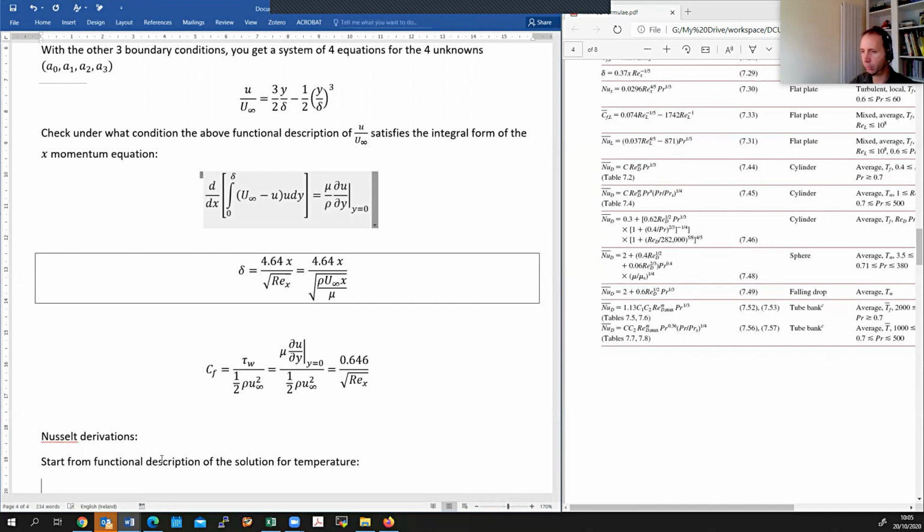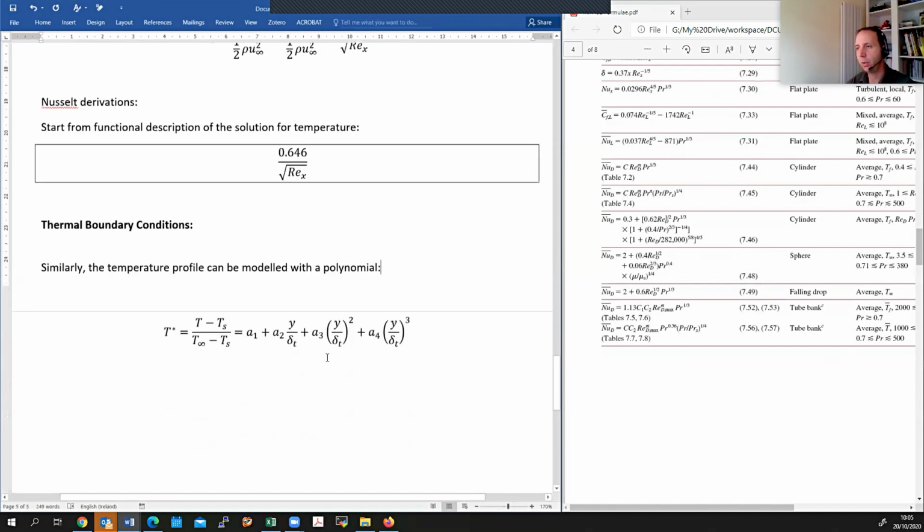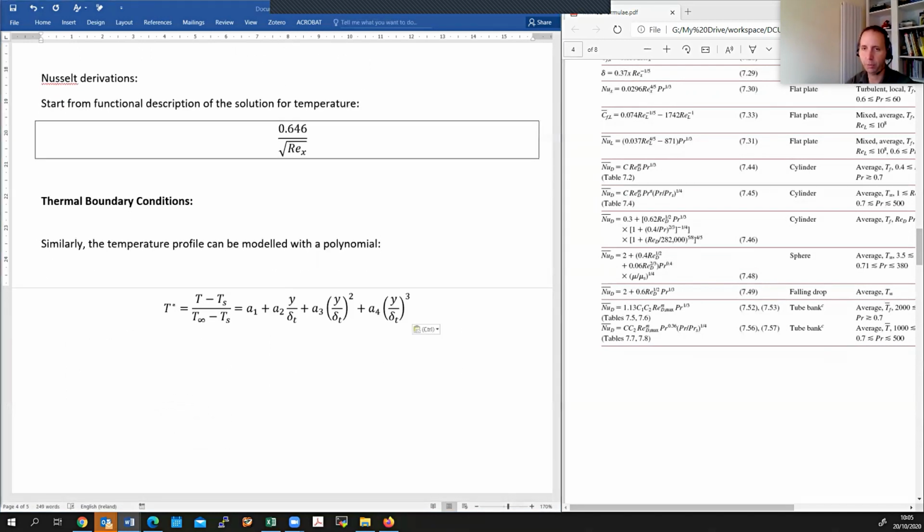It's the variable that we want to find and solve for. It's written here again in non-dimensional terms. That is, you've got a non-dimensional term on the left equal to a non-dimensional position along the y direction, the wall normal direction. You then use the thermal boundary conditions. I'll copy them now, but I won't get into them.